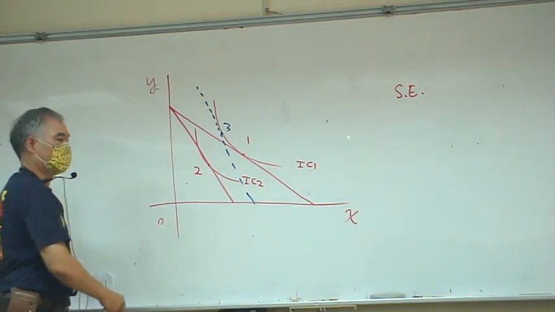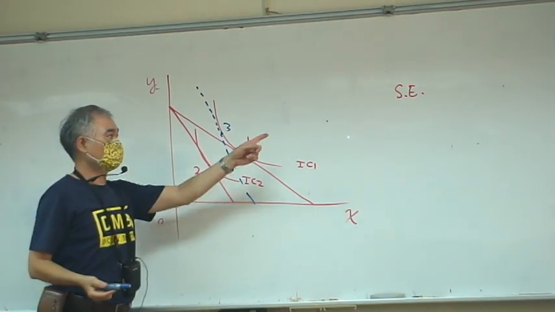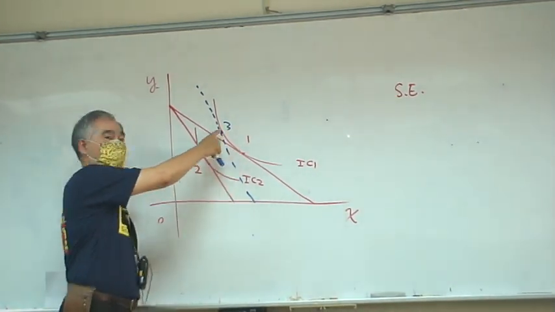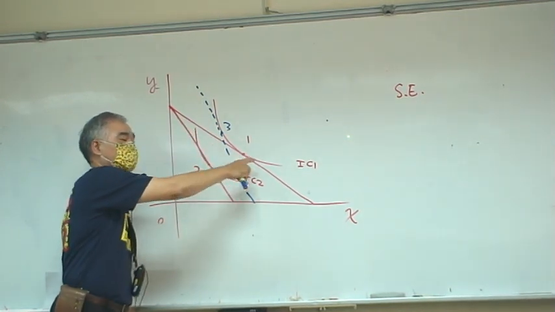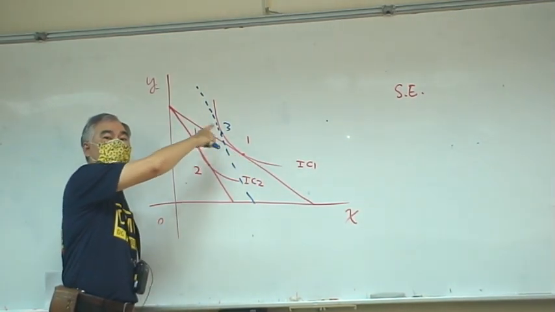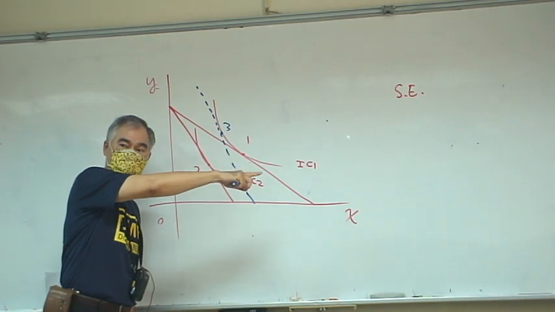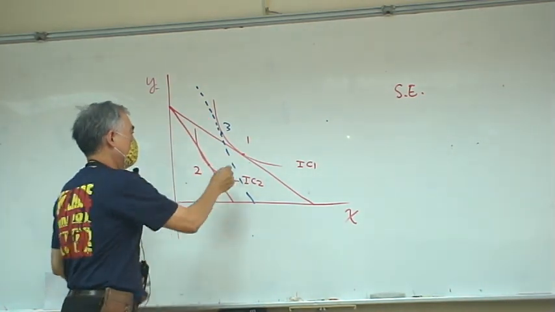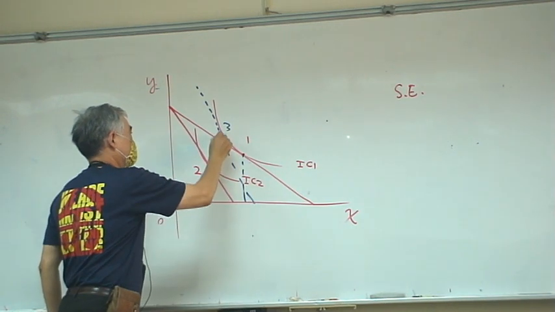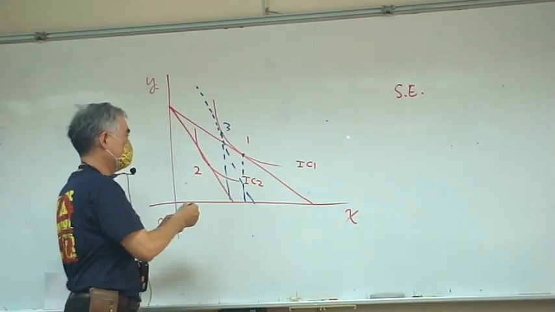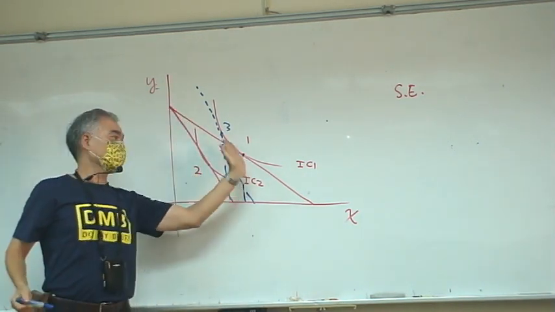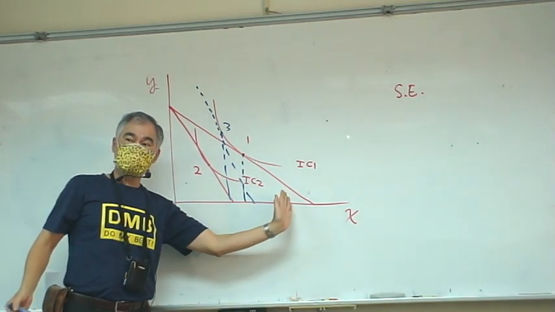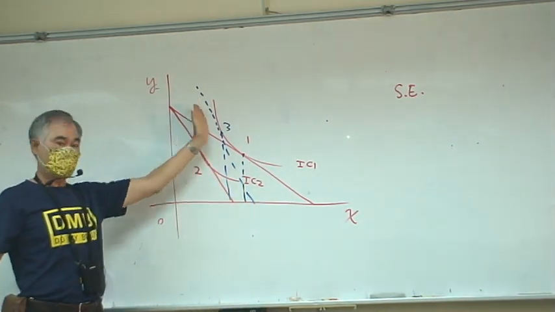So let us dissect substitution effect. Point 1 and point 3 are on the same indifference curve, so they are at the same satisfaction level and the same income level. Point 1 to point 2, as you can see, the original price is lower and the new price is higher.